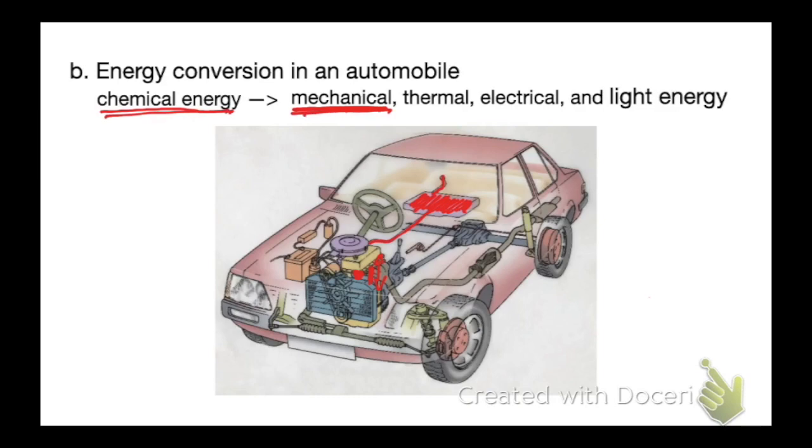And then, as you know, the engine gets hot, and that's when our little radiator kicks in. That's thermal energy. Then, because the engine is hot and parts are moving, we can create electricity, so the clock can come on and the lights in the car can come on. Then you can get light energy, with energy coming out of the interior lights.